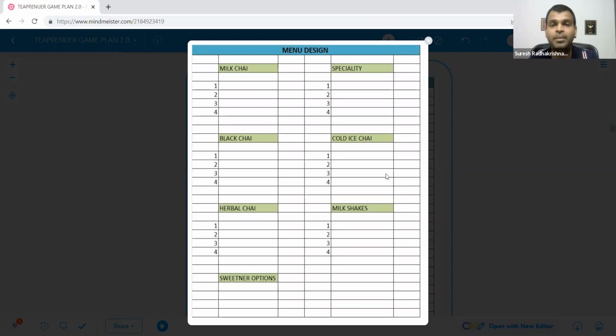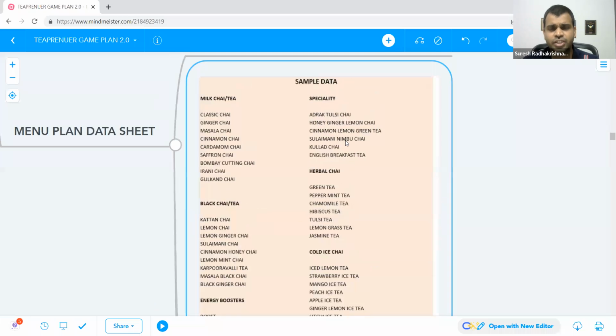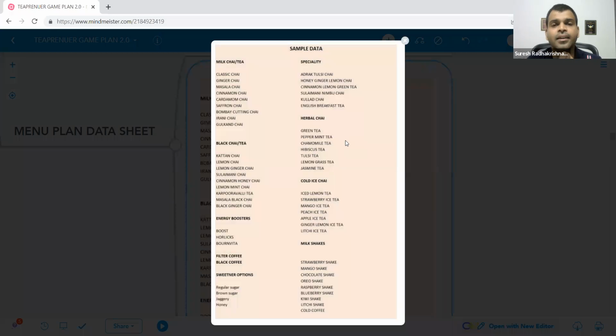So given this template as a download, you can copy paste this template and then prepare your menu with respect to milk chai, black chai, herbal tea, sweetener options, or if you have any specialty items, cold iced tea, milkshakes. So all of these are the main categories that you can come up with. I've also given you the cheat sheet, sample data sheet, right?